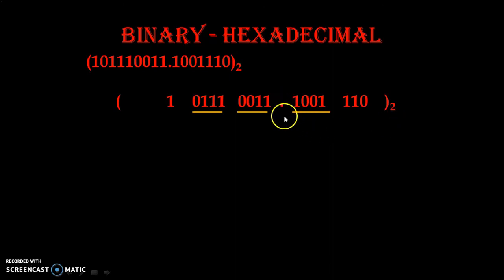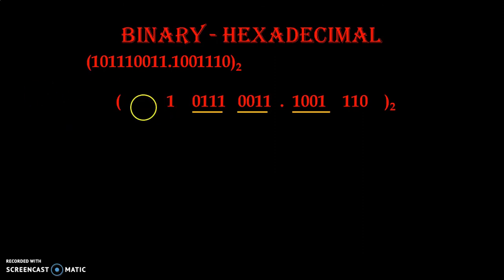So this is our fraction point, and from the least significant bit we go on preparing the groups. So we have identified one group, we have another group, and for the third group we have only one bit, and we require additional 3 zeros to prepare a group of 4 bits, right? So we have to add 3 more zeros on the most significant side.